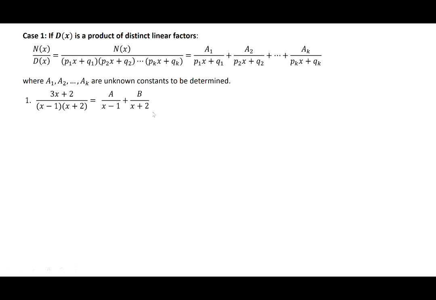Now if you ask, how come you have a and b instead of a1 and a2? They are just arbitrary. If you want to call the first numerator a sub 1 and the second numerator a sub 2, be my guest. It almost doesn't matter what you call them as long as you make them different. Do not call this a and also call this a.